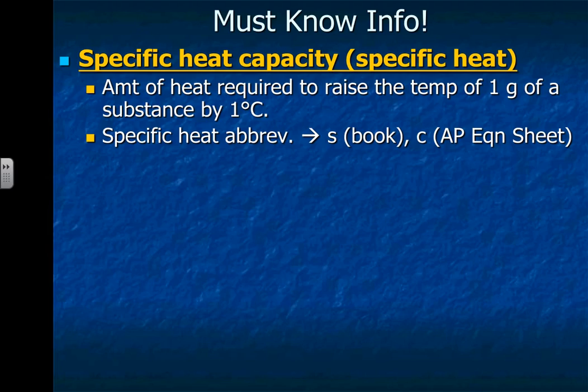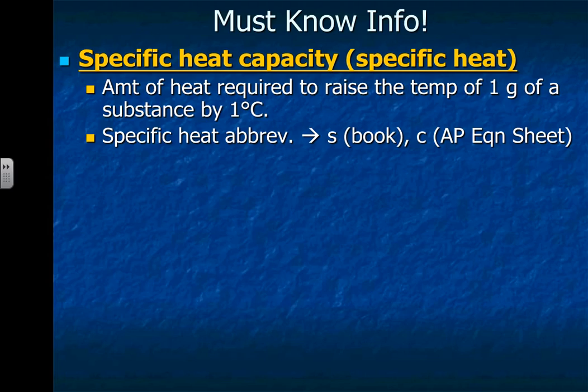Specific heat will receive, unfortunately, different abbreviations. If you are in the Ebbing textbook, in the handouts I gave you, and you're looking at page 247, just look at example 6.5 and notice kind of right in the middle of the gray boxes that you'll see an S in there. That S is meant to be specific heat.